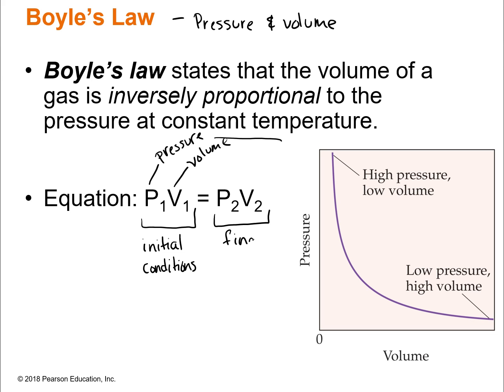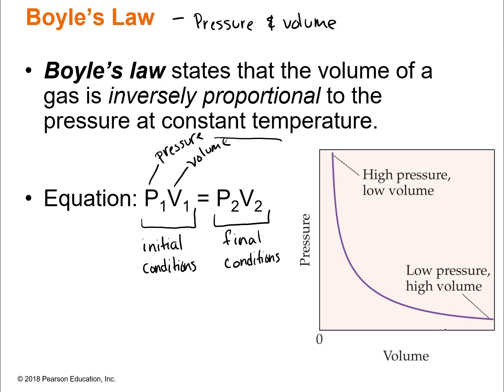And that's what the 2s are, the final conditions. So if you started with a gas at pressure 1 and volume 1, and the pressure changed to pressure 2, what is volume 2? That's a very generic example of a Boyle's law question, which we're going to do a couple of those.